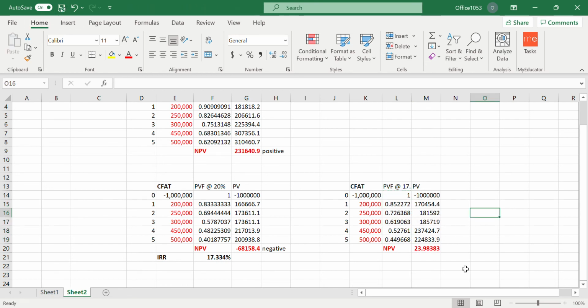You can see here, this is almost 0. So you can either directly find the IRR to be this, or you can use the interpolation formula.